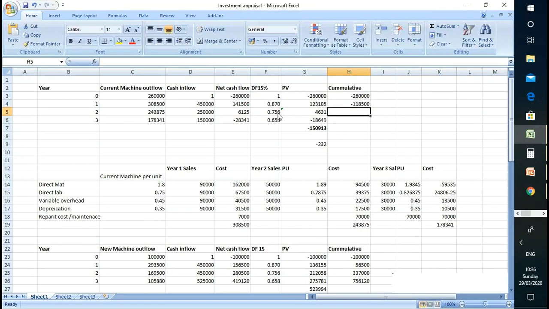So then I'll use equal this, because the plus minus is automatic. 250, okay, is only 6, so that's negative, equal this plus.